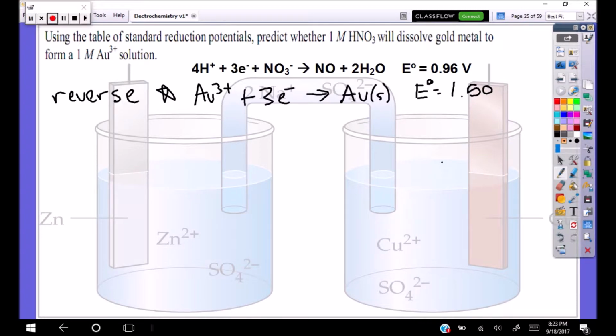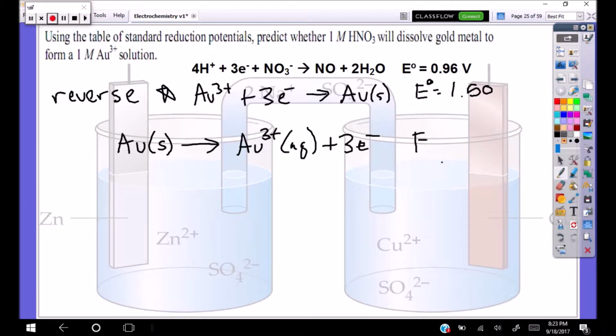So the way we would reverse is very similar to some of the things we did with Hess's law. So you just reverse. Au solid gives us Au3+. I meant to write the aqueous symbol in there before. It is aqueous plus 3 electrons. And if we reverse it, the only thing we have to do to our cell potential is make it negative. Okay?